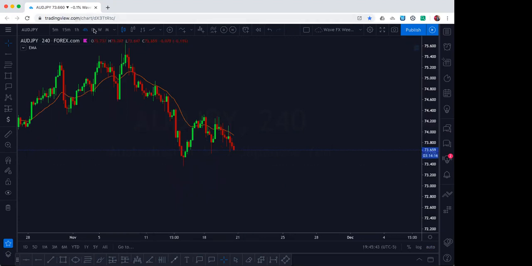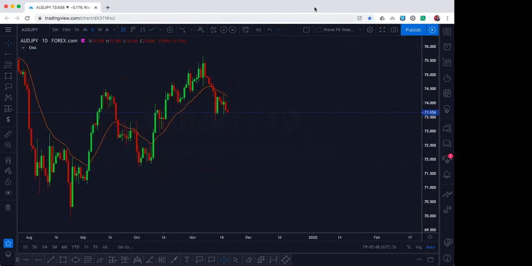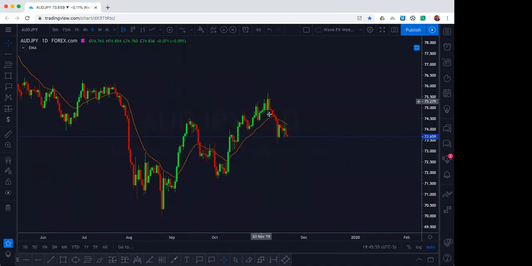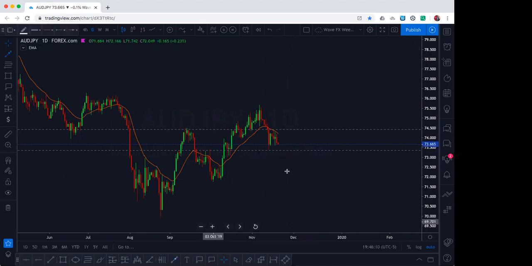But to give an overall analysis on this, the market is still to the downside. Yesterday, all right. So to give an overall analysis of this pair, highlighting a few key levels for you here. We're approaching support. So what you want to be looking at now, ideally, is a reversal out of support here. We know that we're expecting some strength coming out of the yen.